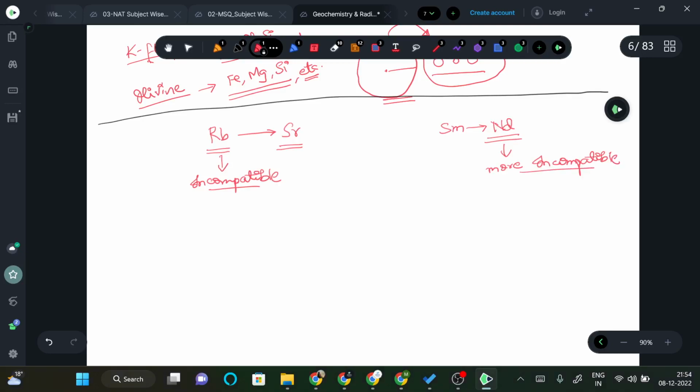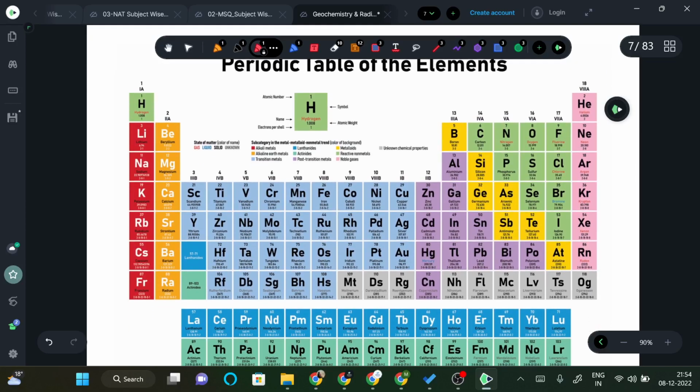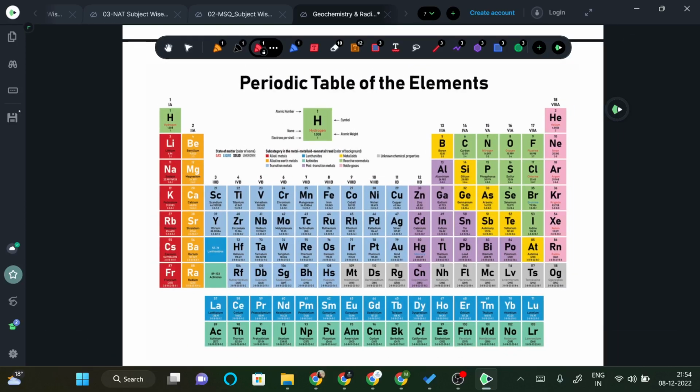Just to give you an overview, I have also attached a periodic table over here. Now have a look where these four elements are. Okay. Rb is here, Sr. Alright. Here you have Sm. Here you have Nd. What relation do you think, if you know the basics of the periodic table, what relation do you draw from this particular periodic table according to the placing of these elements in terms of, let's say, atomic size?